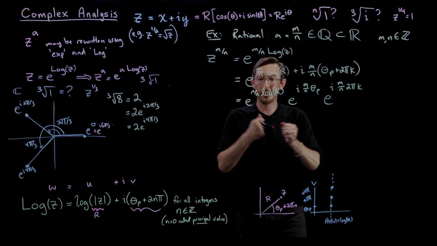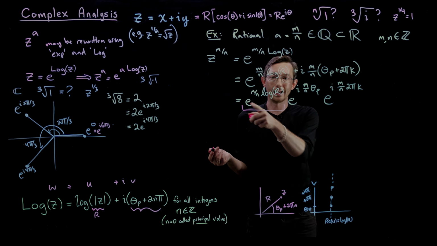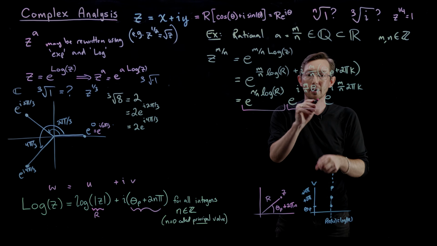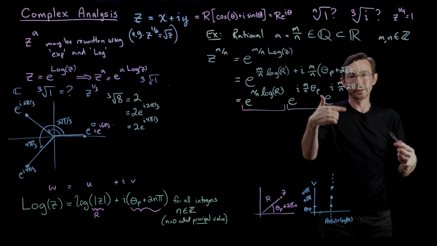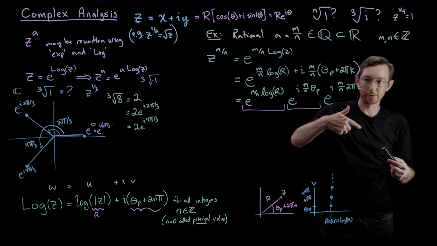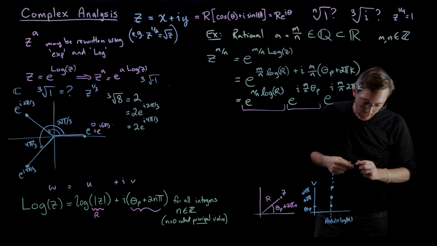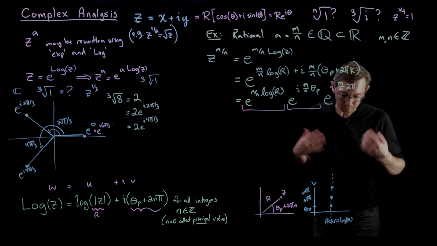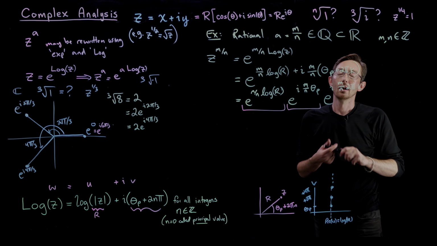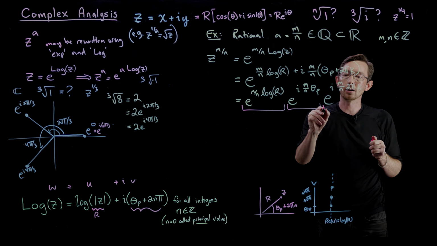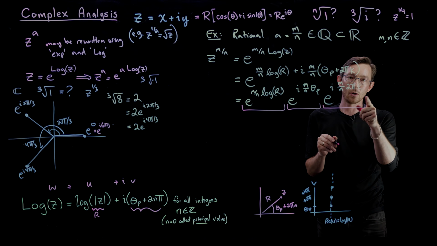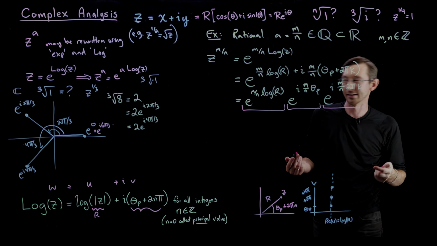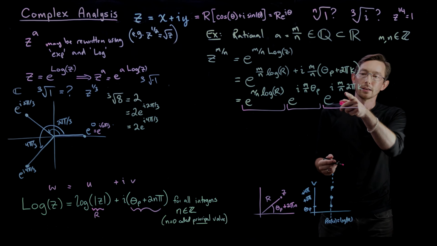Now, this term is single valued, and this term is single valued. This term is true for any integer k, k1, k2, k3, k0, and so forth. And so now what we're trying to do is find that there are only so many unique values of this quantity before it starts repeating on itself, which is what we saw here.